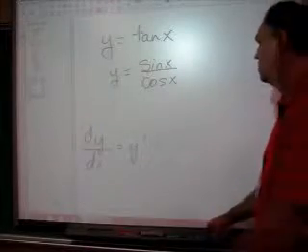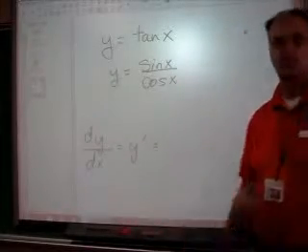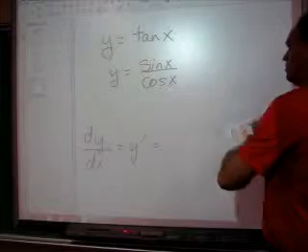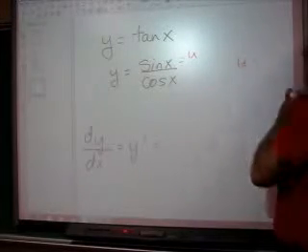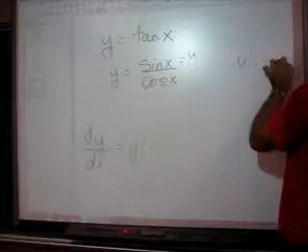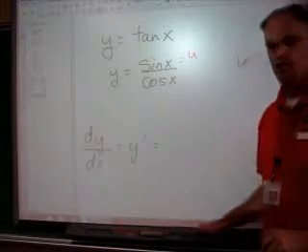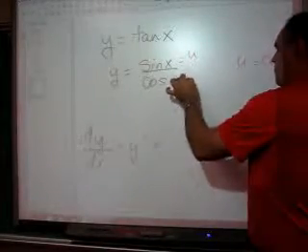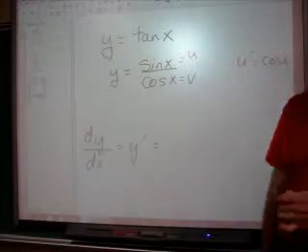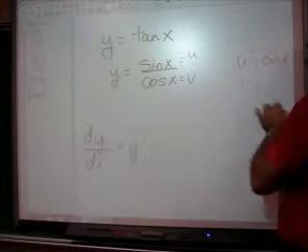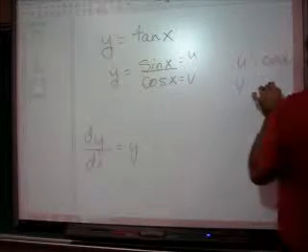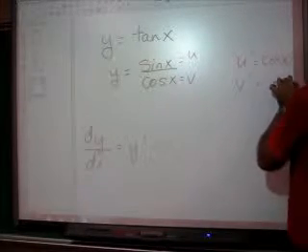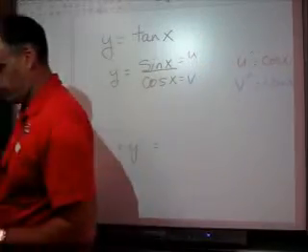What's the u? Sin x. Therefore, u prime is cosine x. And also, what's the v? Cosine x. And what's the v prime now? Negative sine x. Thank you.